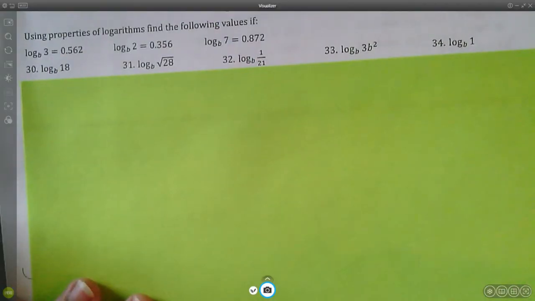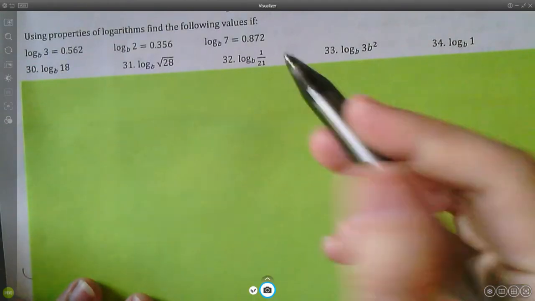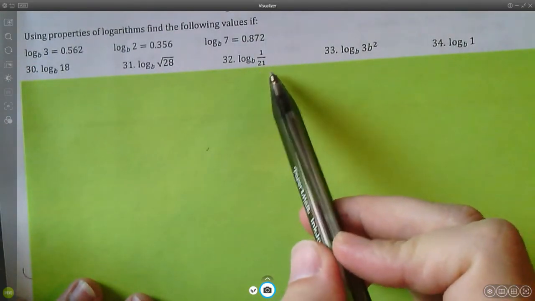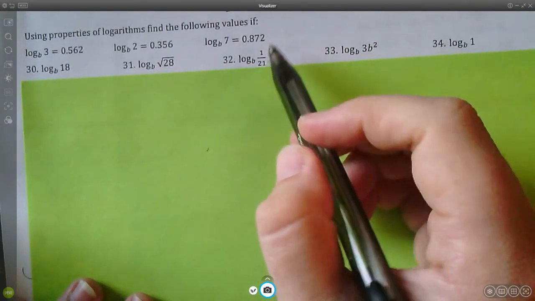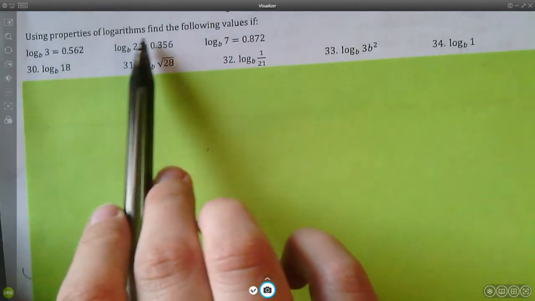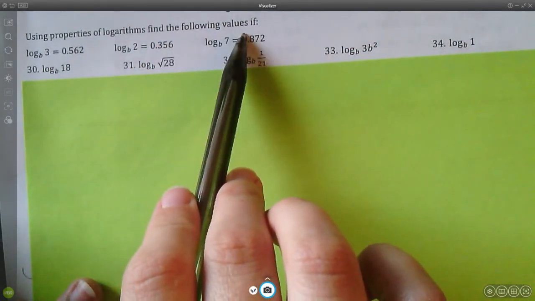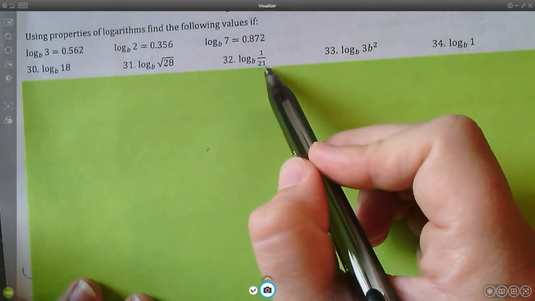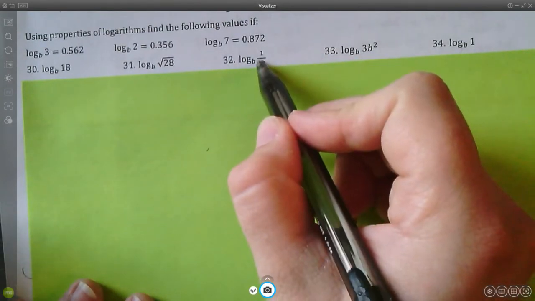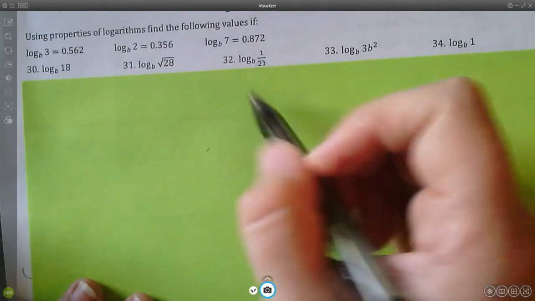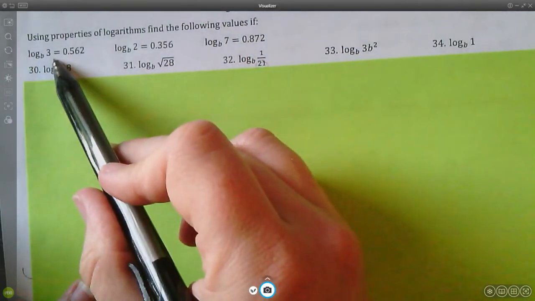Okay, let's look at number 32. In order to do these problems, you want to try to figure out which of these 3 things you can multiply or divide to give you the numbers in here. So here's a 21. If we take 7 times 3, we get 21.